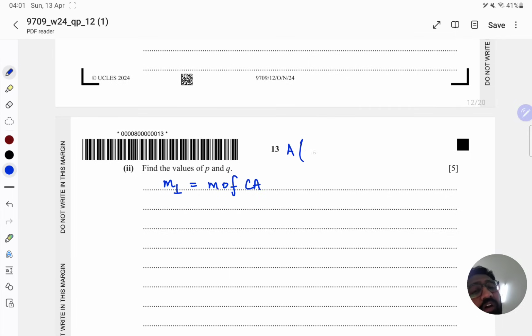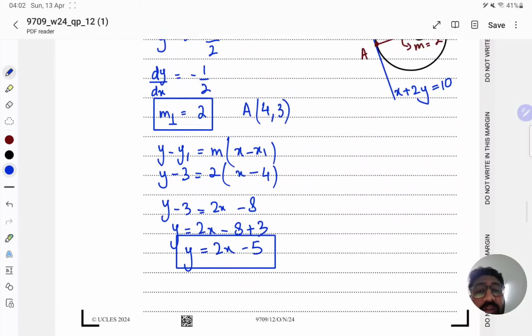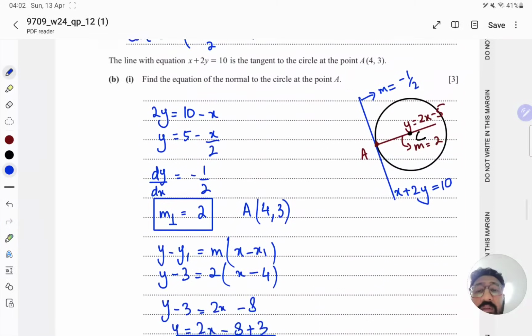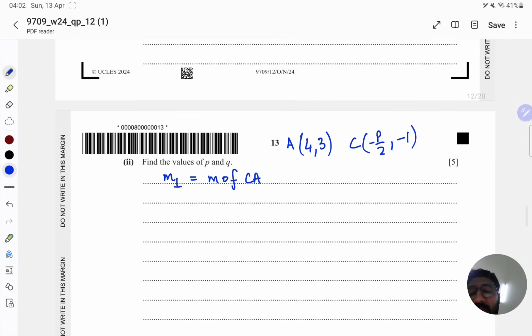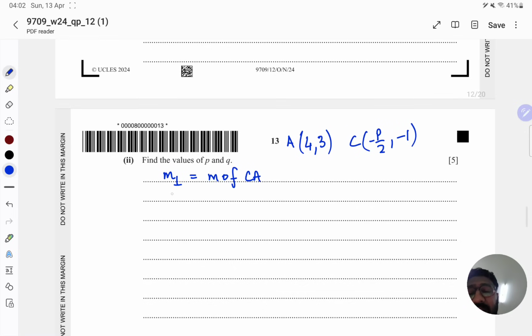We already have the coordinates of A, which is 4 comma 3, and the coordinates of C, which is minus p by 2 comma minus 1. So the normal gradient is already known, which is minus 2. So y2 minus y1, which is minus 1 minus 3, divided by minus p by 2 minus 4.